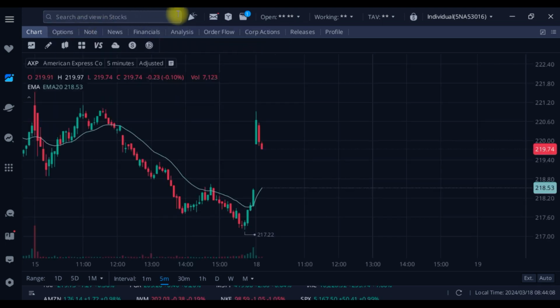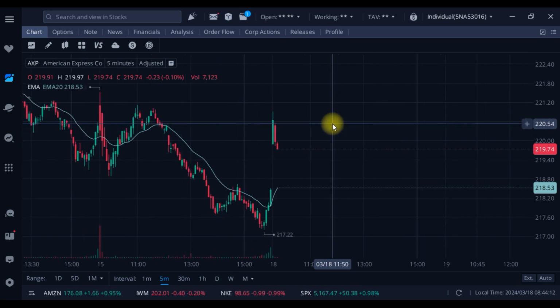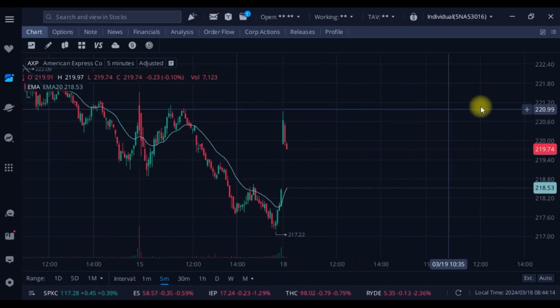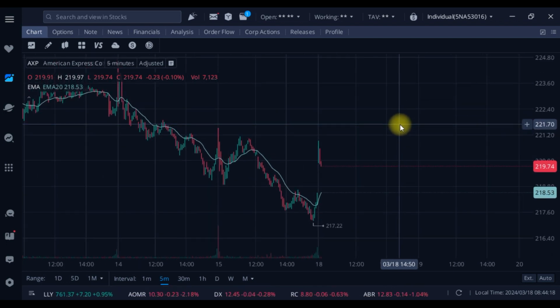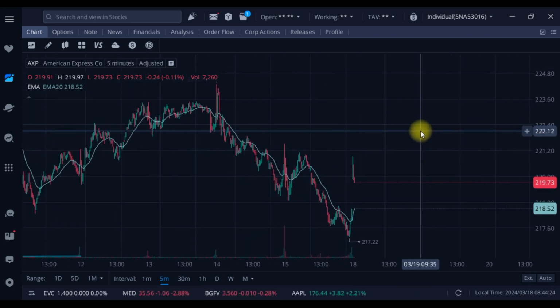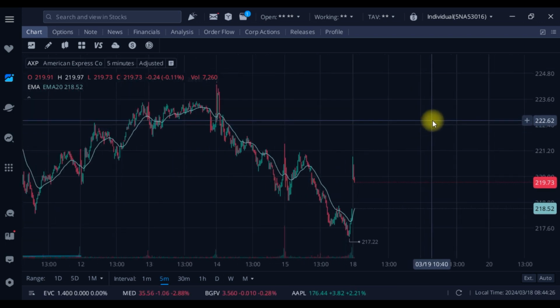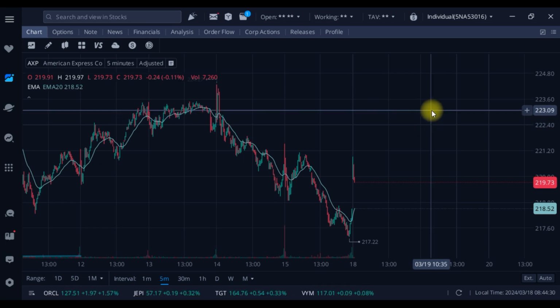How many positions can you truly manage at one time? How many do you think you can truly manage, truly understand, and feel comfortable managing? I know for me, that's about 6. About 6 positions at a time is my maximum. After that, I'm just like, okay, this is a little bit ridiculous.